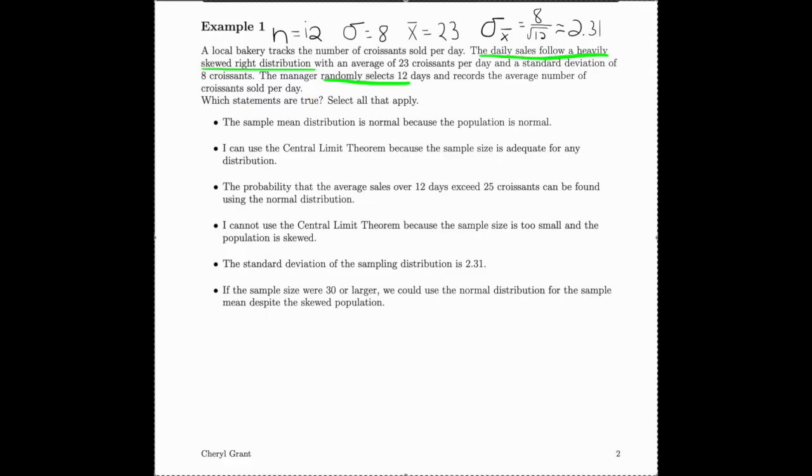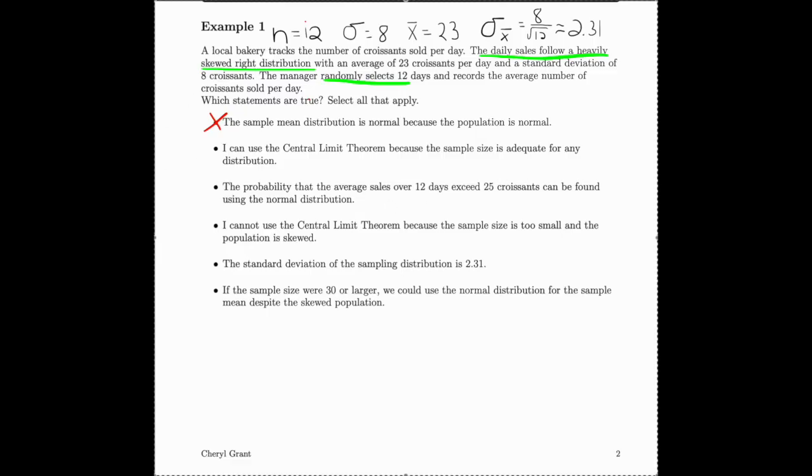All right, so let's look at the first statement. We're going to look at each of these statements and decide if they are true or false. The first statement says, the sample mean distribution, meaning the sampling distribution, is normal because the population is normal. That would be untrue. The population distribution is clearly labeled as skewed right.